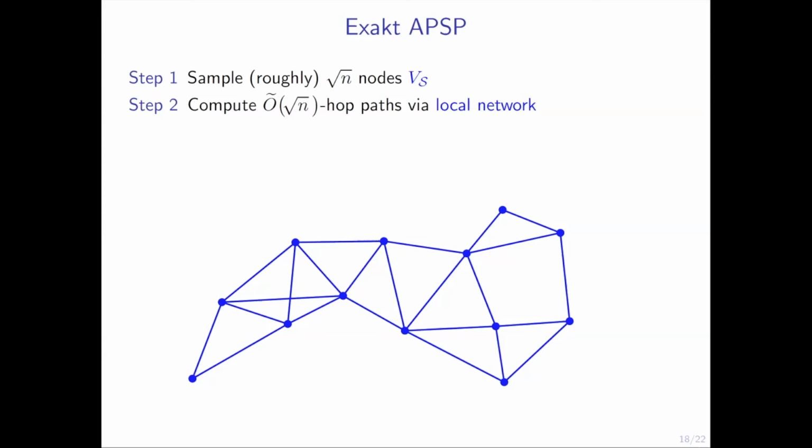In the second step, we compute all roughly square root of n hop paths via the local network, which takes the same amount of rounds since we have to look that deep in the local network. This already takes care of paths which are shorter than square root of n hops because we know their distance exactly.